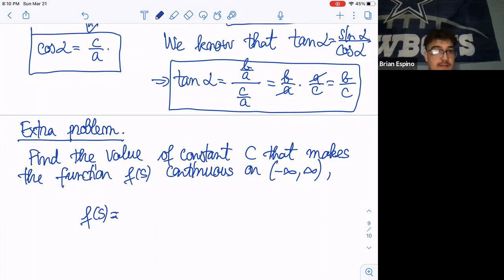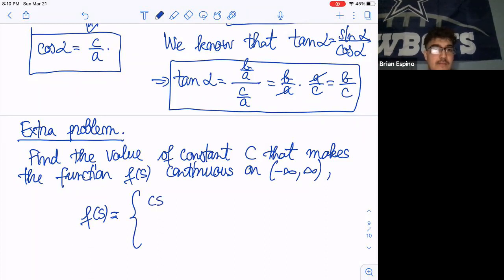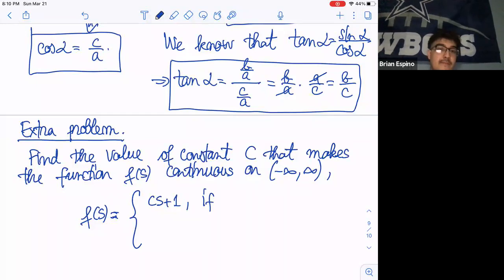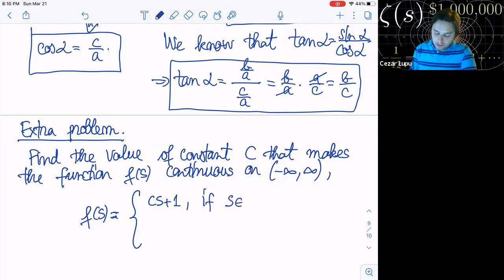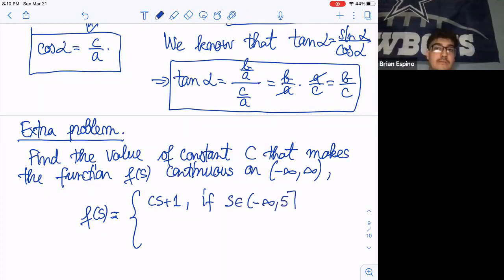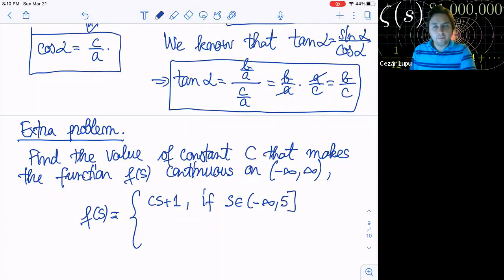The first equation is cs plus 1 if s is in negative infinity to 5, close bracket. So 5 is included.